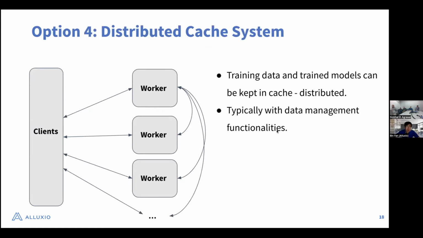And the fourth option is a distributed caching layer, where the data is partitioned or sharded across different workers. On the application side, you can read from this cache rather than going to the storage directly.